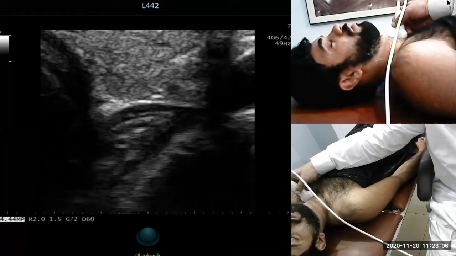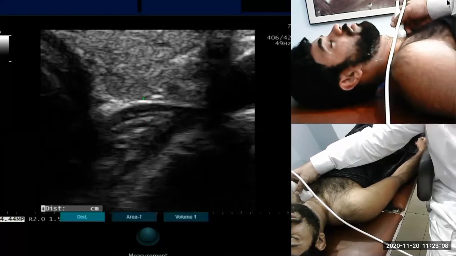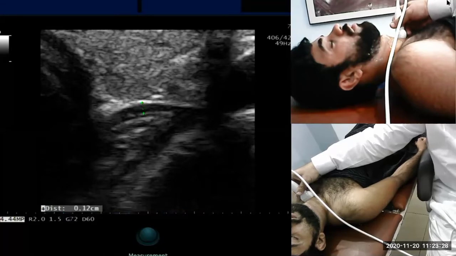So if we start from the outer side, this is the serosa, this is the muscularis propria, the muscle responsible for the peristaltic activity. Just for your interest, I am measuring it, 1.1 centimeter.